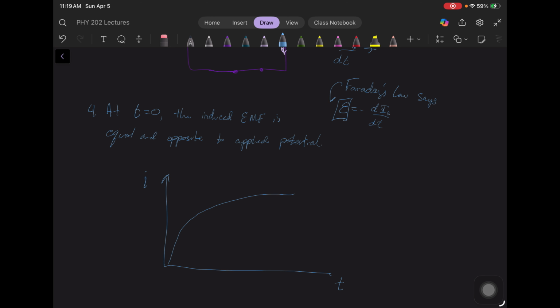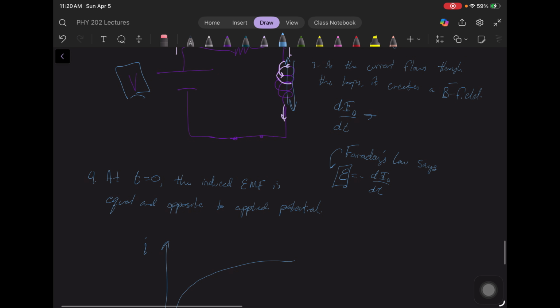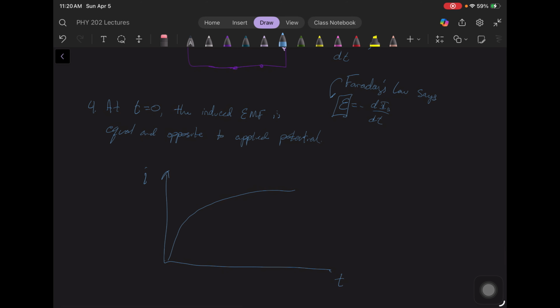The idea there being this is a constant applied potential. It's a battery, it's a power source, it is whatever. And so it is unrelenting, it is always going to be trying to move charge. That is what potentials do. It is just incentivizing things to move, just like gravity incentivizes things to fall.